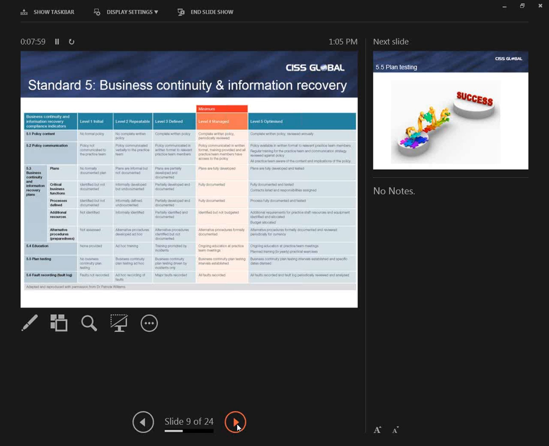So if we go through it, most practices have business continuity addressed within their practice handbook, and it's usually quite well covered. So we've got policy content, that's 5.1, and the minimum standard you're looking for there is a complete written policy that you periodically review.